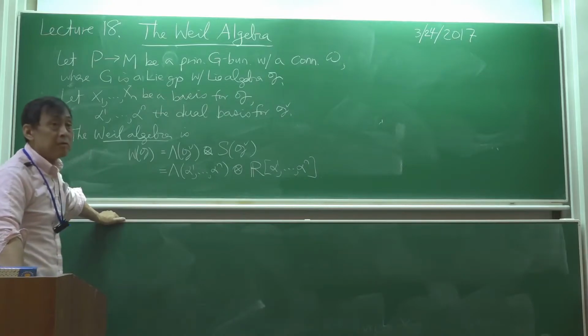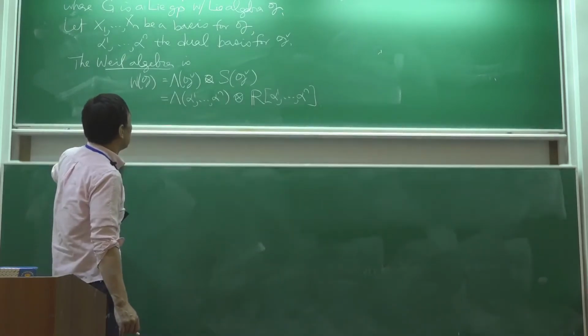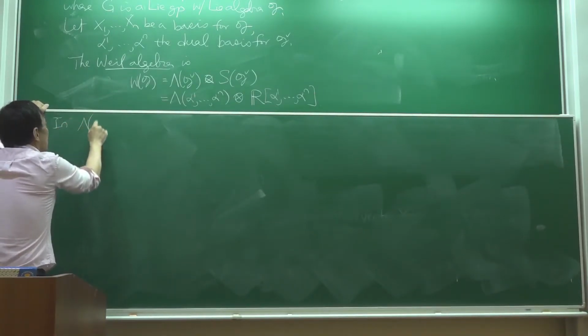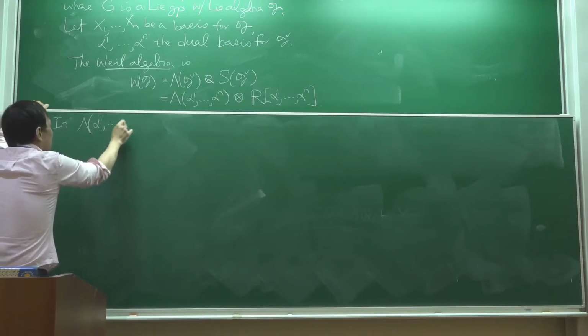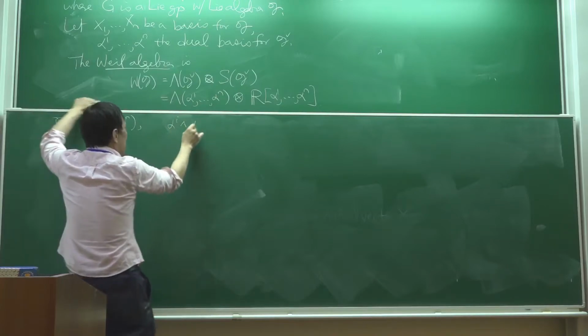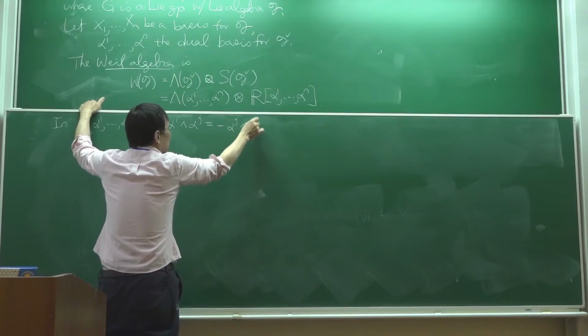So in the exterior algebra, alpha i wedge alpha j is minus alpha j wedge alpha i.